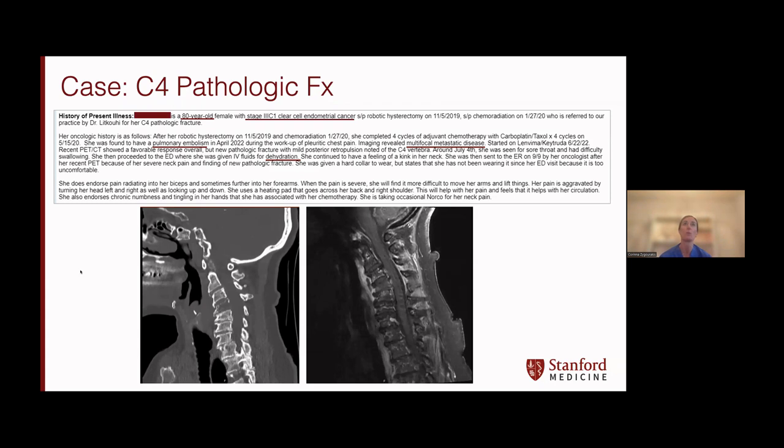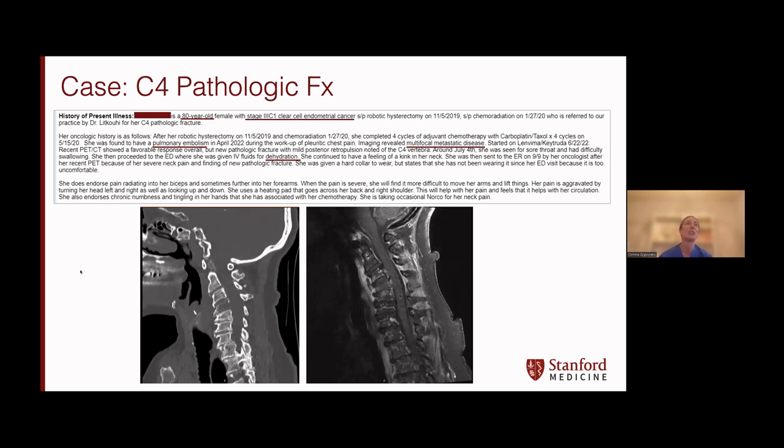So 80 years old with stage 3C1 clear cell endometrial cancer. She's had a robotic hysterectomy. She's had chemoradiation, and she's had this C4 pathologic fracture. She's also pretty sick. She has had a recent pulmonary embolism, multifocal metastatic disease. She's been hospitalized recently for dehydration.